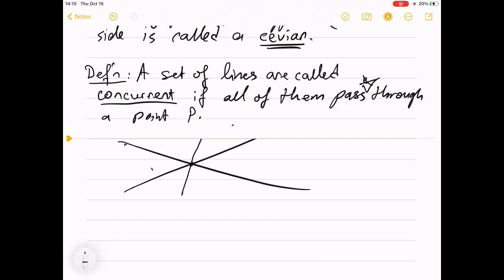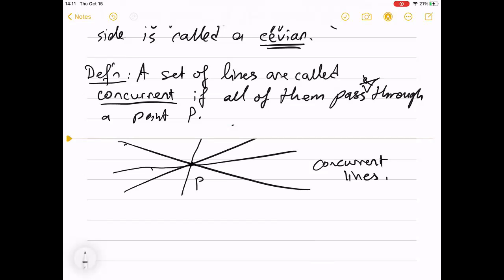So that's the point P. So these lines are concurrent. Of course, if two lines have two distinct points in common, then they are the same line.